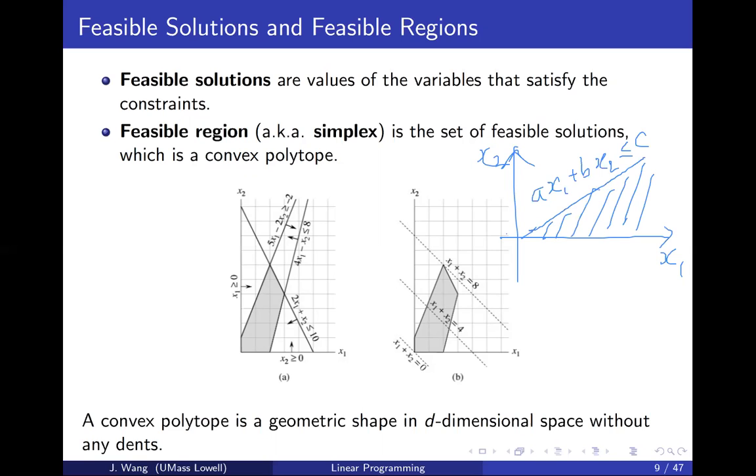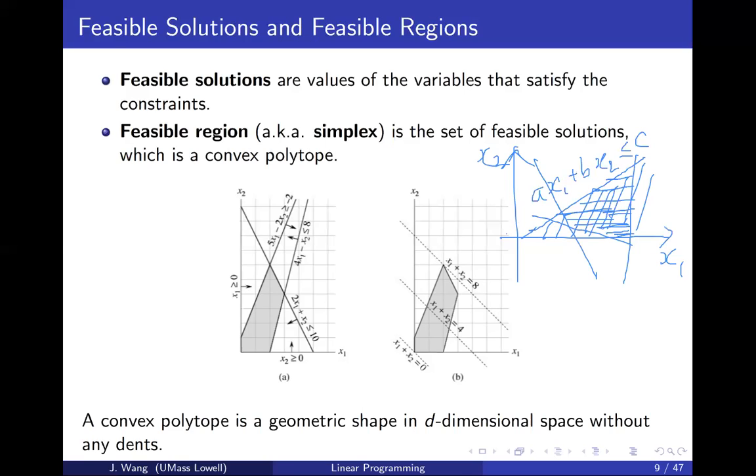Okay. So the 3D area, any points in the 3D area satisfies this constraint. If you have another one here, or you have, let's say, another one, then this 3D area is the feasible region.